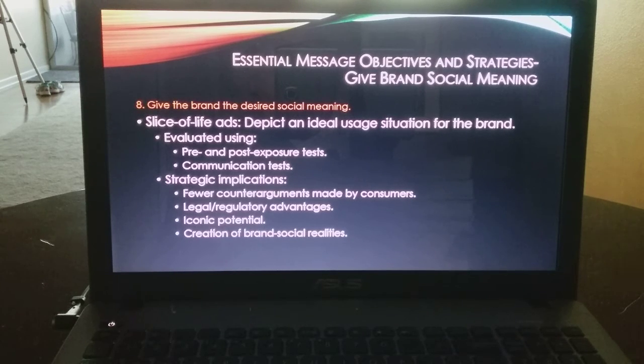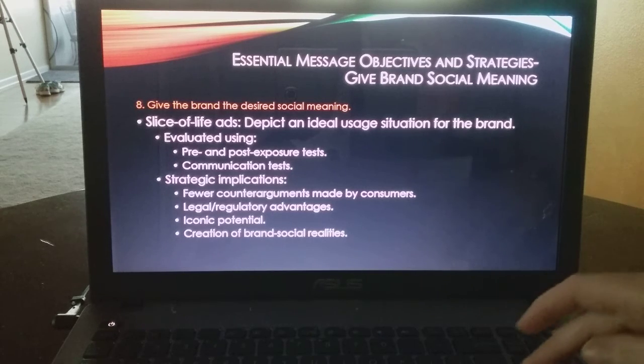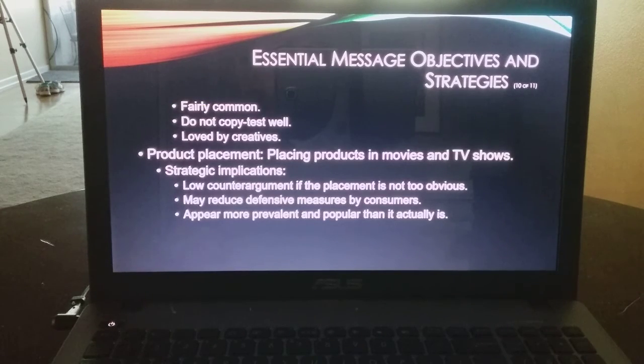Cheerios, for example, is a great example: Cheerios is selling cereal, but they certainly also are selling family. And Pepsi sells fun and friendship, that kind of thing. These are fairly common ads.